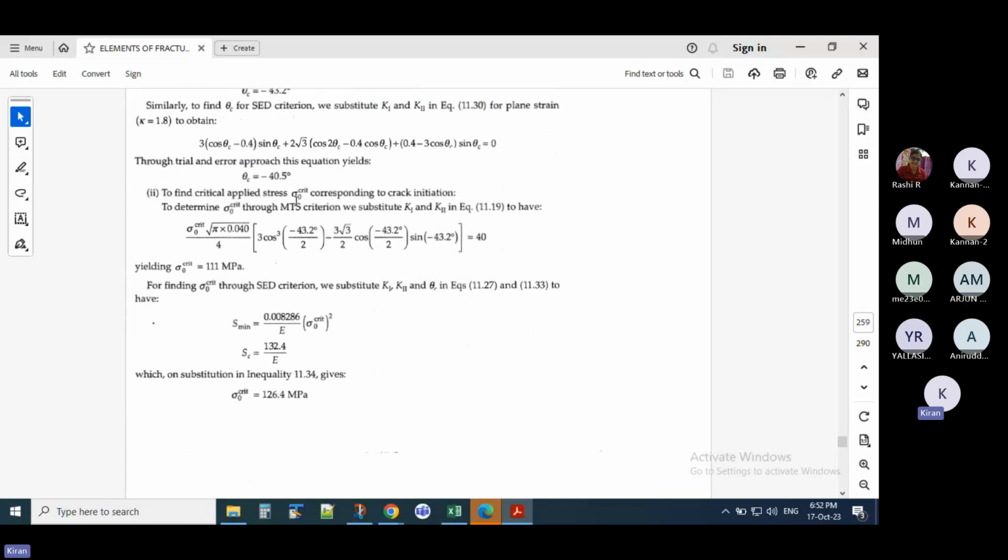To find critical applied stress, sigma 0 critical, corresponding to crack initiation, to determine sigma 0 critical by MPS criteria, we substitute K1 and K2 in equation 7.19.